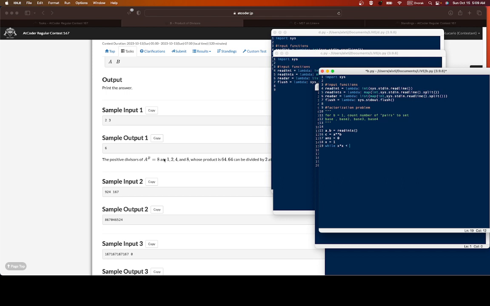Well, it's less than C. We have to increase by 1 eventually, but just increment this by B, I think.